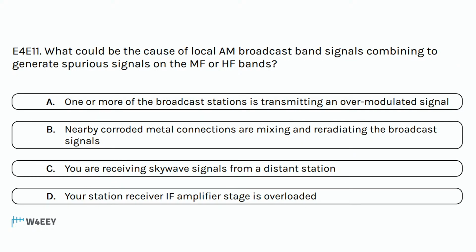What could be the cause of local AM broadcast signals combining to generate spurious signals on the medium frequency or HF bands? Bravo. It's the rusty bolt effect. It's acting as a non-linear junction, so nearby corroded metal connections are mixing and re-radiating the broadcast signals.